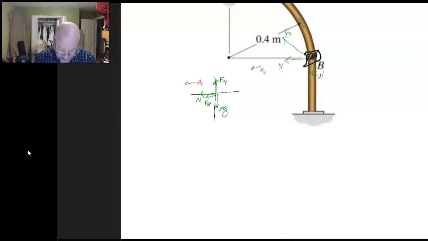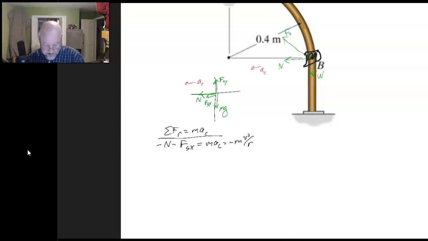We're going to go straight for our radial content, F sub r, and that's going to be m a_c. We've done this many times now. So I'm going to have minus N minus F spring X, and that's going to be m a_c, which is going to be minus m v squared over R.